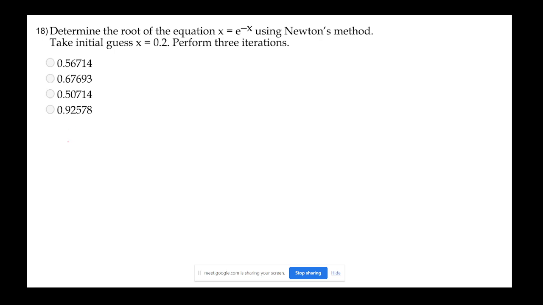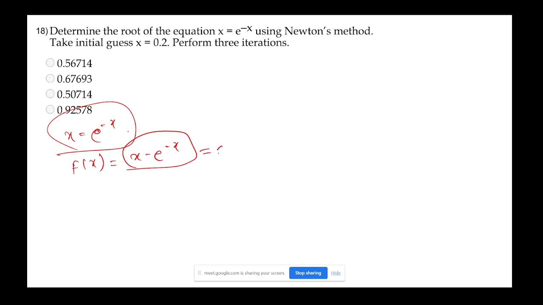So x equals e raised to minus x. So what is f(x)? f(x) is nothing but x minus e raised to minus x, and you need to equate it to 0. You need f dash x also for Newton's method. So f dash x is nothing but 1 minus d/dx of e raised to minus x.